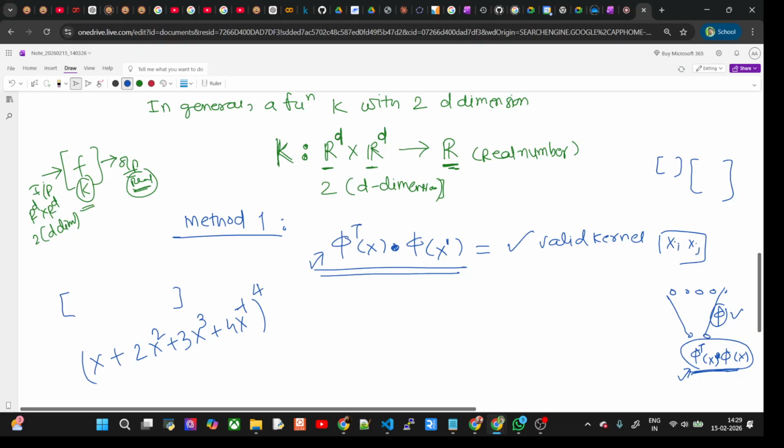Is it a valid kernel or not? If I derive this, I'm not finally getting this kind of dot operation. I may get a bigger equation, but I'm not able to separate out f and g from this equation.